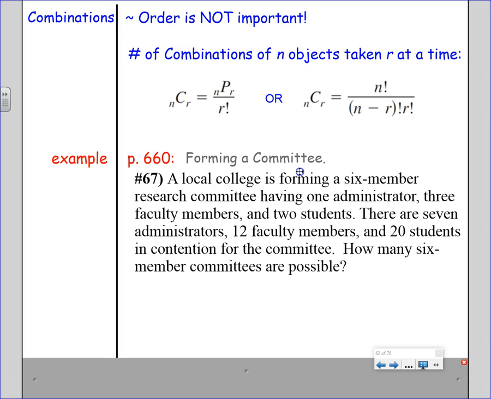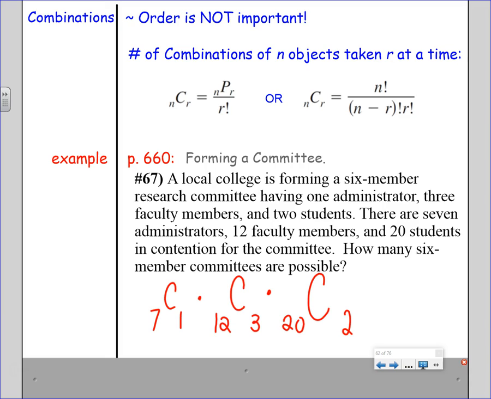Okay, so as we get down here, there are no presidents or vice presidents or positions. All we care is who's on the committee. It doesn't matter what seat they sit in, etc. So at the end of the day, we'll end up having, out of 7 administrators, choosing 1, and out of 12 faculty, choosing 3, and out of 20 students, choosing 2 different ways of forming the committee.